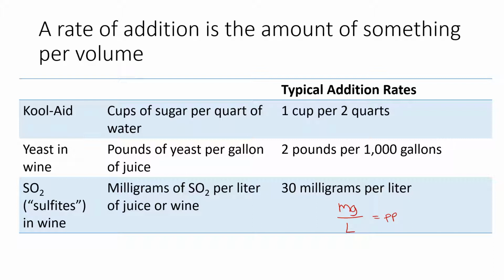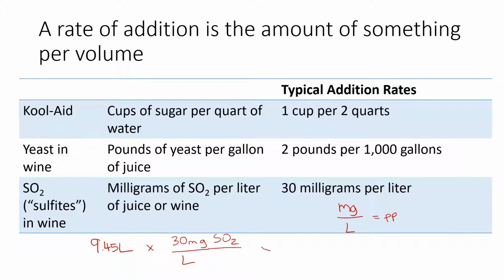Okay, so if we take our example of sulfites, let's say we want to add sulfites to our wine that we're going to make in class. Typically we make 9.45 liters of wine. If our addition rate of sulfites is 30 milligrams per liter, for every liter we will add 30 milligrams of sulfites or SO2.